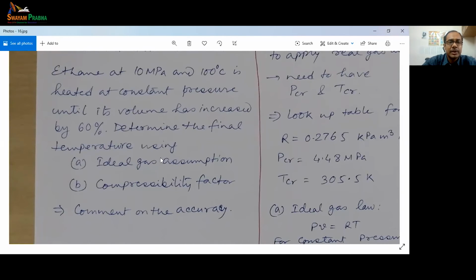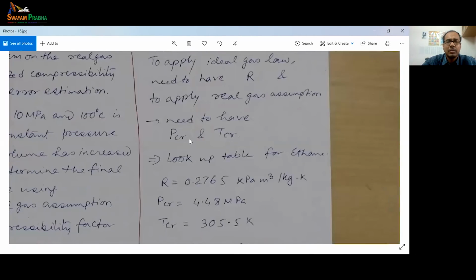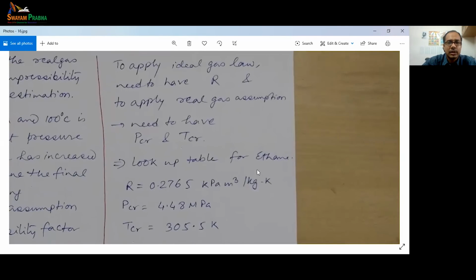Determine the final temperature using again either the ideal gas or the real gas assumption for compressibility factor, and then comment on the accuracy. It's a straightforward problem of using the compressibility chart, but there is one trick, which we will see when we encounter it.